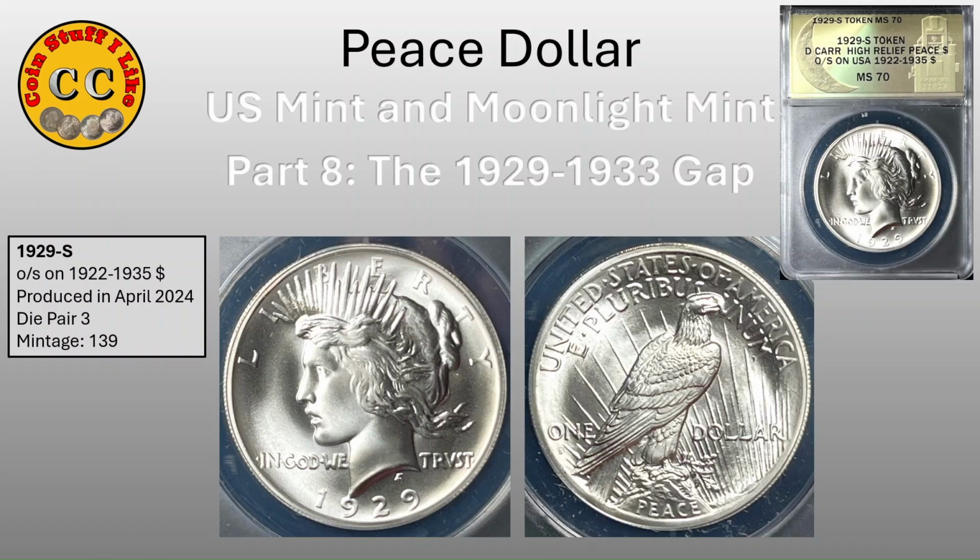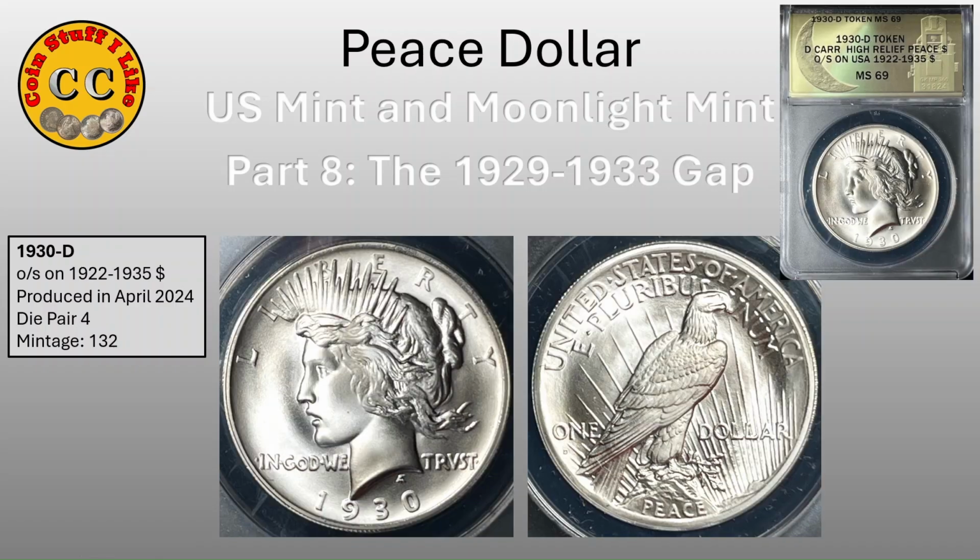Beautiful piece, beautiful piece. And so now, next, let's look at that 30D, the 1930D. You can see the mint mark down here, the typical location, same design features. This one of these, the Fantasy Gap, 29 through 33, this is the lowest mintage of these fantasy pieces from the Moonlight Mint at 132.